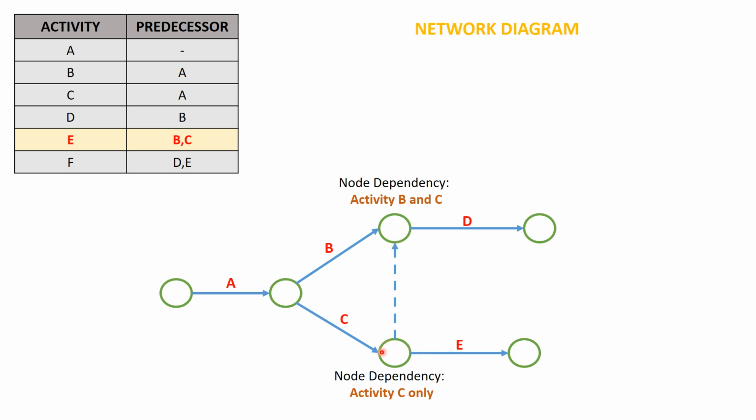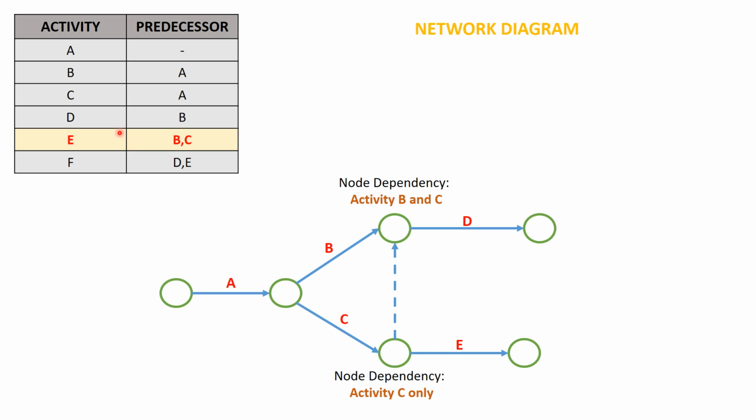If we consider the node at the bottom, we have only one incoming activity, which is activity C. So the node dependency is only activity C. At the node at the top, we have activity B directly coming over, and I am drawing activity C through a dummy activity over to this node. So the node dependency over here would be activity B and C, whereas at the other node it is only activity C. So now which one is the correct option?